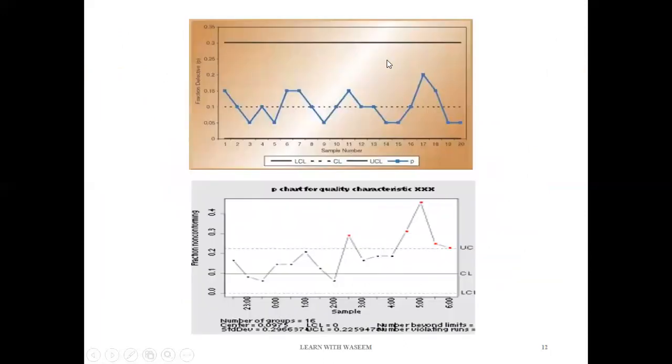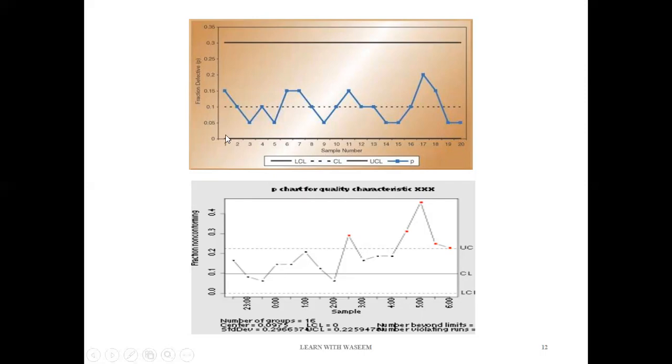So these are the charts that we get by solving the example for the P chart. What was the value of P bar? The value of P bar is 0.09, so it is around here, 0.09 or 0.1.